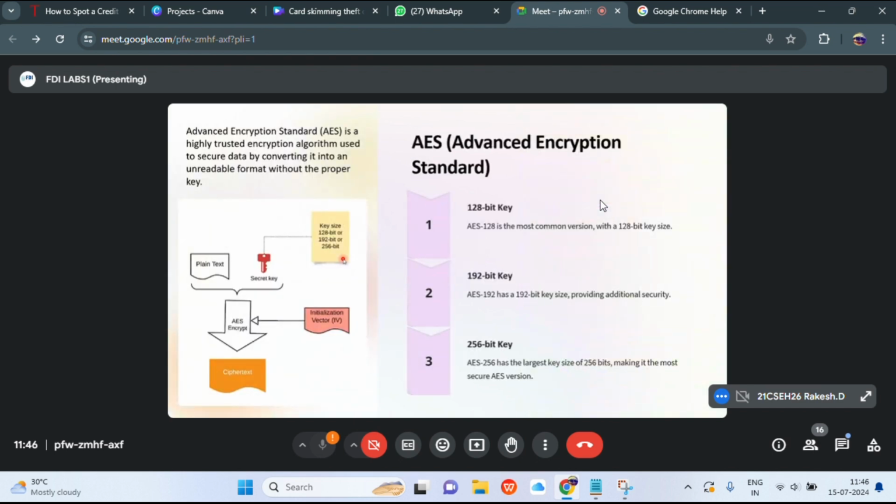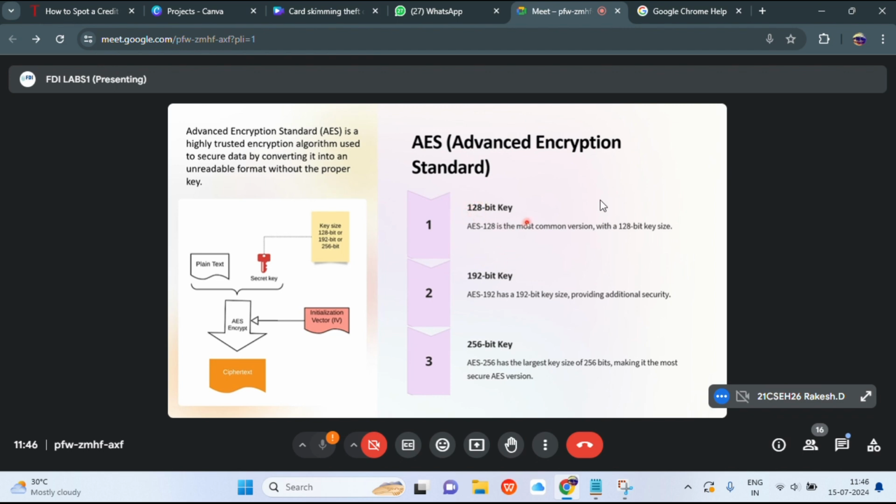Okay, what is AES? It is the Advanced Encryption Standard. It is a highly trusted encryption algorithm used to secure data by converting it into an unreadable format without the proper key. When compared to DES, it uses 3 types of keys: a 128-bit key, a 192-bit key and a 256-bit key. DES encrypts the data in bits, but AES encrypts the data in bytes.